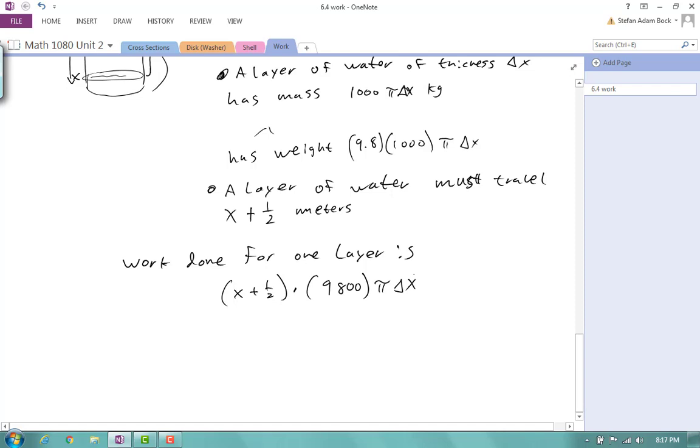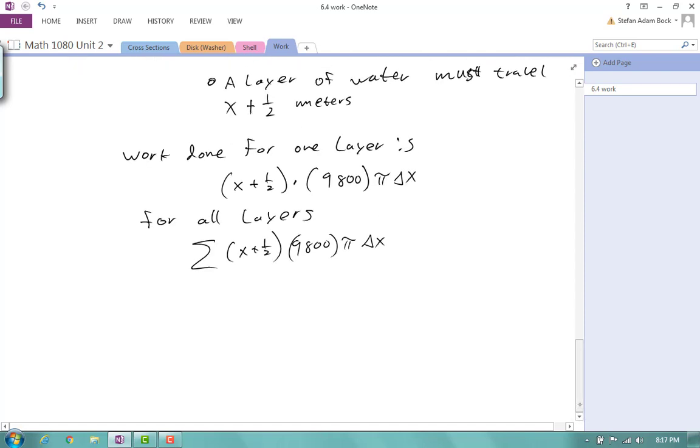And I want to add all of this up. So for all layers, this is going to be the sum of x plus 1/2 times 9,800 times pi times delta x. Or if I translate that back to an integral, I'll have the integral of x plus 1/2 times 9,800 times pi dx.